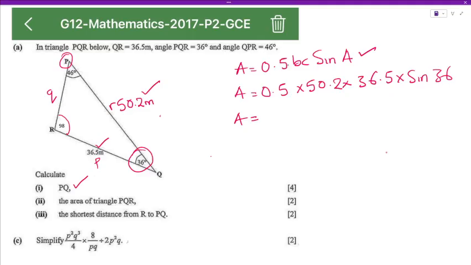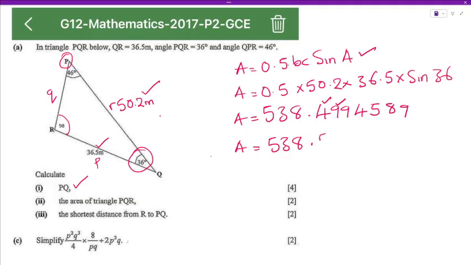That one gives me 538.49945589. So then when we round it off, it's going to be 538 point. This 9 will now round the 4 upwards, so it becomes a 5. And then this is area.